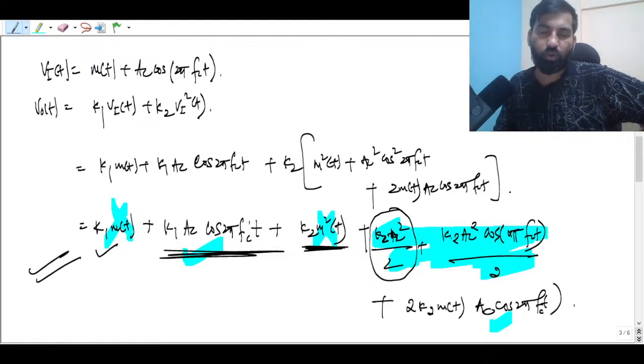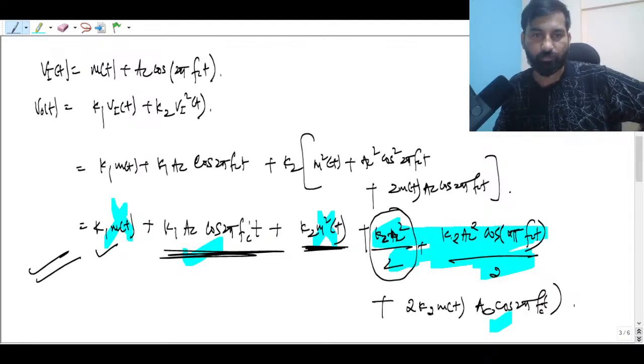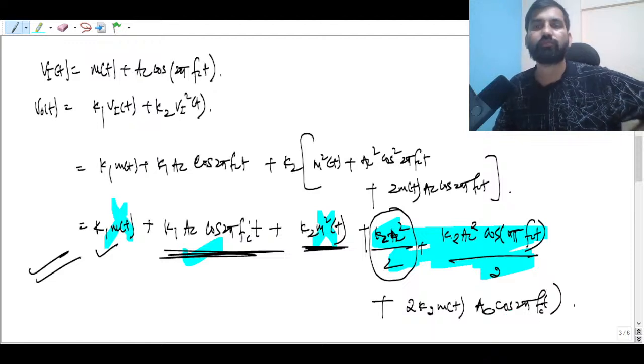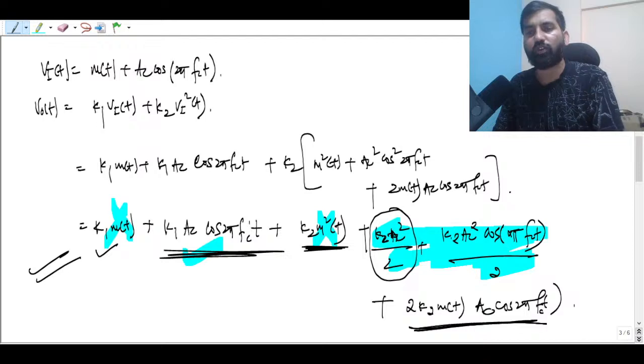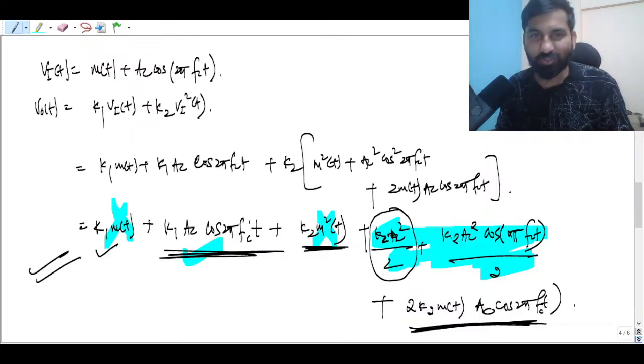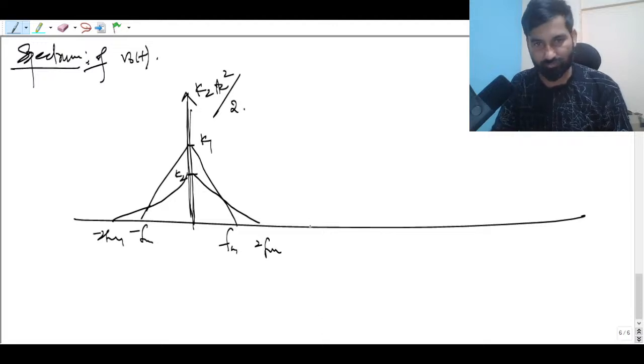Okay, next. Can you tell me what is the Fourier transform of this? That is important. The Fourier transform of this is going to be the message signal times the carrier, means fc plus fm, fc minus fm. So I'm just going to draw that also.